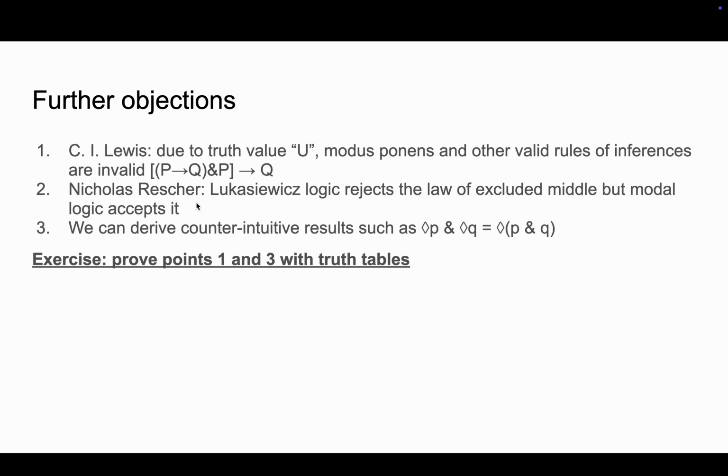The other objection, by a German logician, is that Lukasiewicz logic rejects the law of the excluded middle, but modal logic accepts the law of the excluded middle. This is very similar to the previous slide, in that when you reject the law of the excluded middle, things become unintuitive, things don't make sense, and we don't want it to be like that.